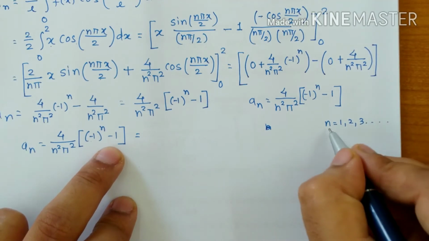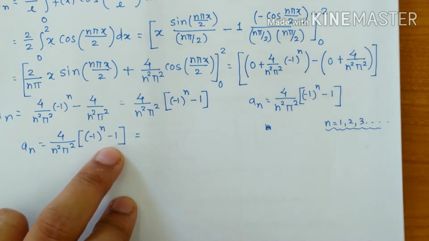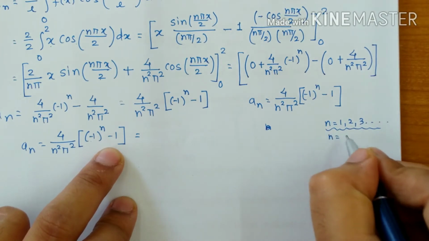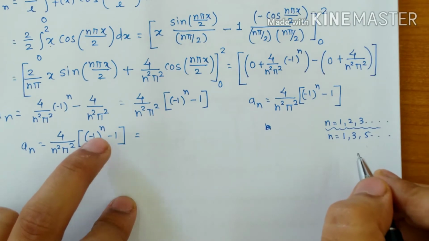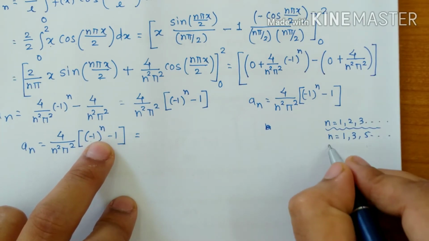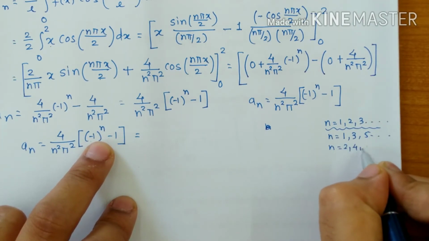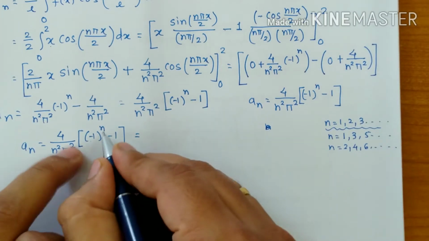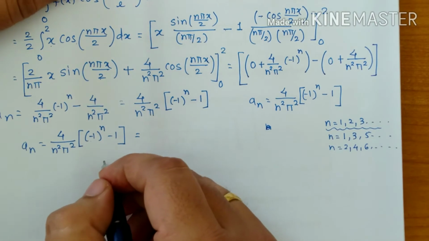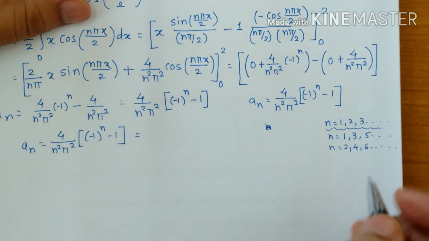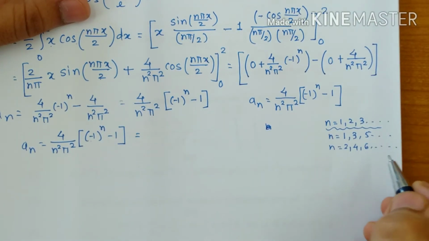That means if you just see towards the values of n, for n is an odd number, that is 1, 3, 5 and so on, we get minus 2 at this place, and when n is an even number, this particular bracket is going to be 0. Hence your a n is 0 for n is an even number.